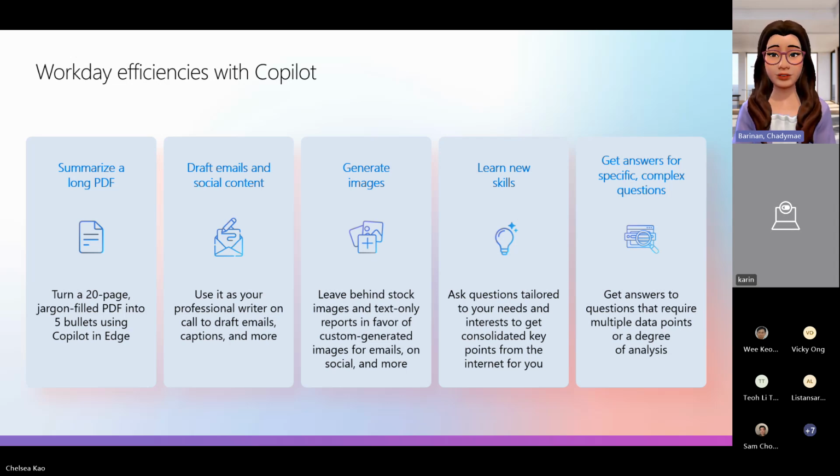So if you are going through a lot of tender documents or reports that are jargon filled, or information you might not fully understand, then you can ask Microsoft Copilot to summarize the PDF and make it into five simple bullet points. Or you can ask specifically what this means, or ask it to research from the web how this document compares to this website. You can do those as well.